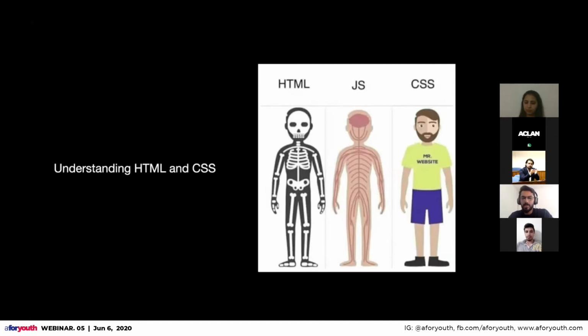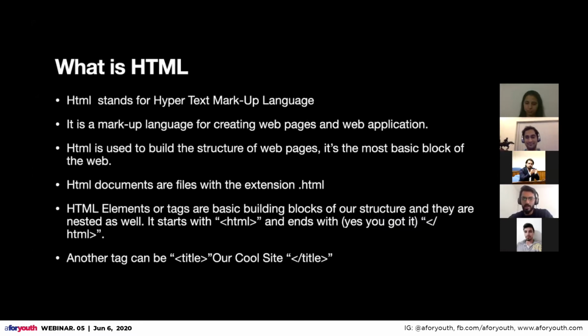So even if you create a website in WordPress, WordPress will convert its code to these three basic things, because this is what your browser can understand, right? So let's maybe dive into HTML first.